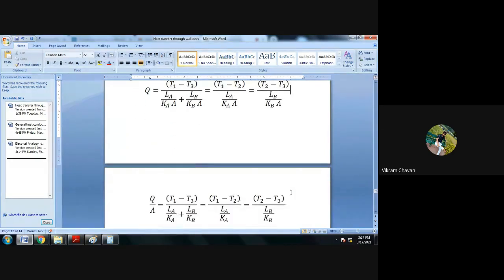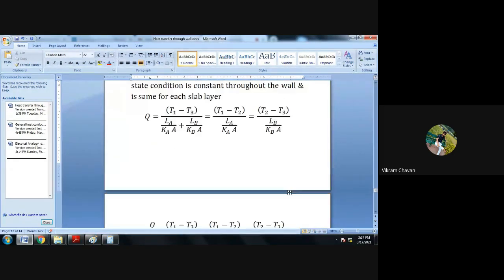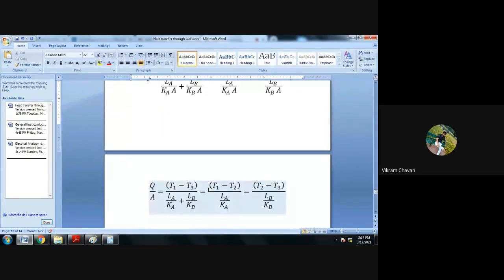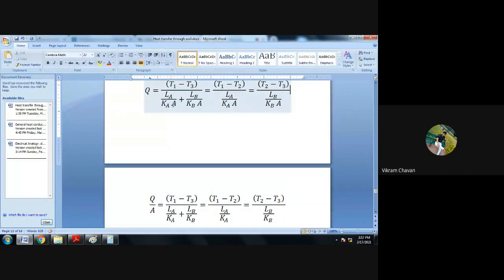So initially we have considered, okay, now area is the constant one, we can take it as common and shift it to the left side.